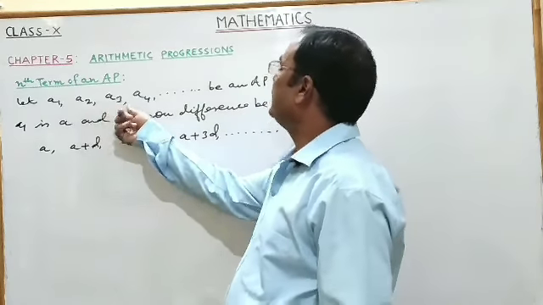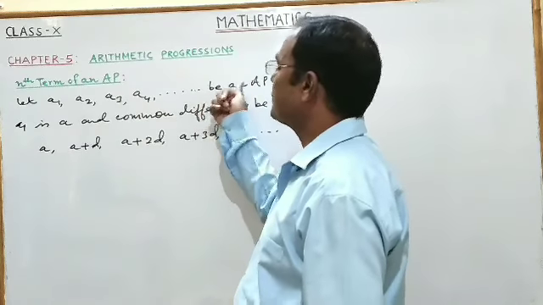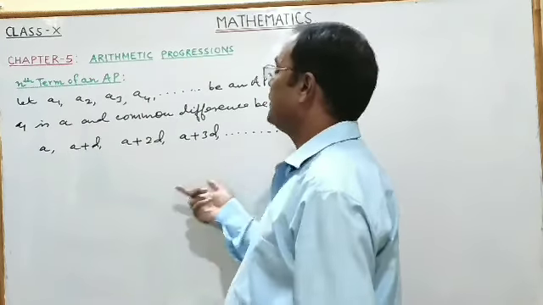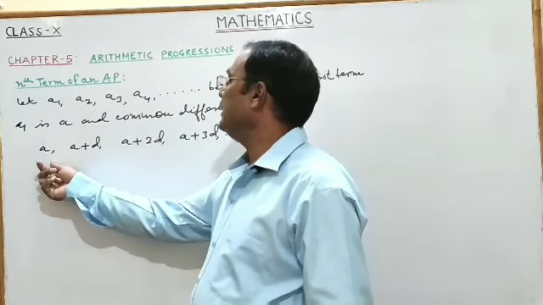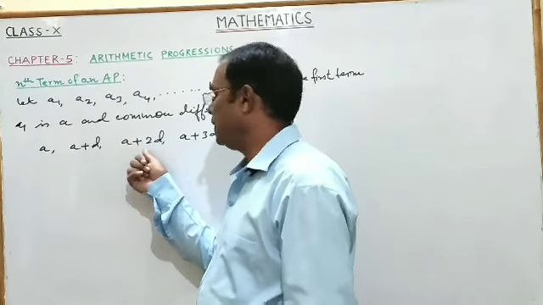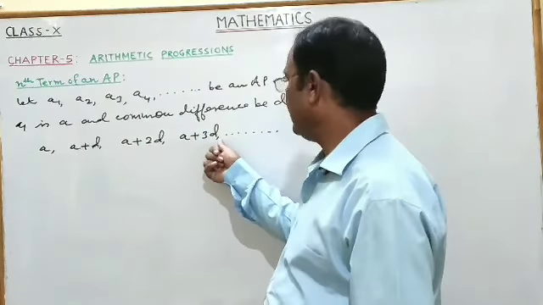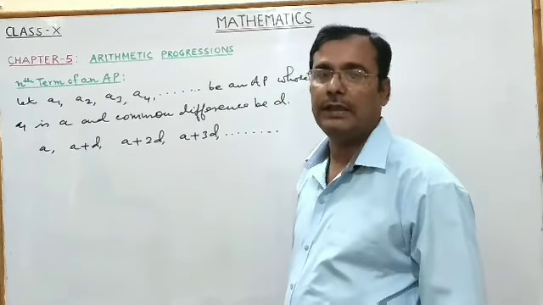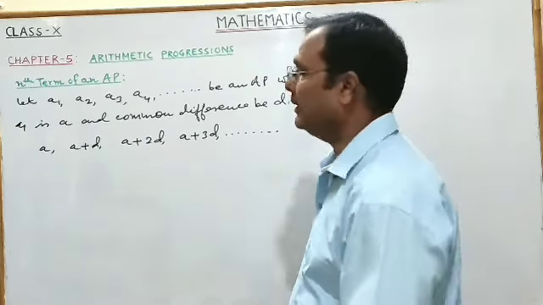A1, A2, A3, A4 and so on is an AP which is written in general form in terms of first term A and common difference D.